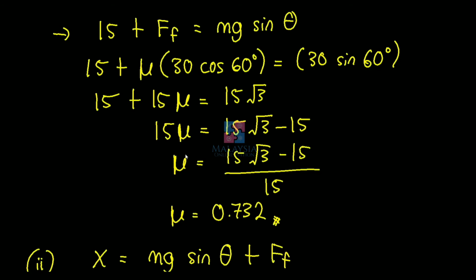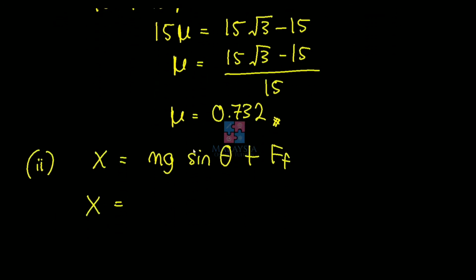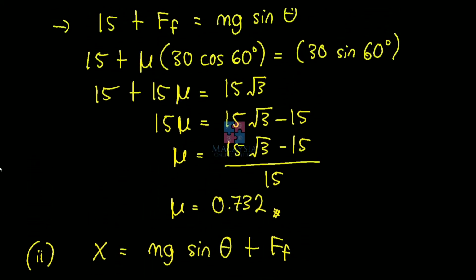Let's just do everything again. 15 sec 3 is for the 30 sine 60, or the mg sine theta. So that will be 15 sec 3 plus 0.732 times our normal force, and that will be 15.